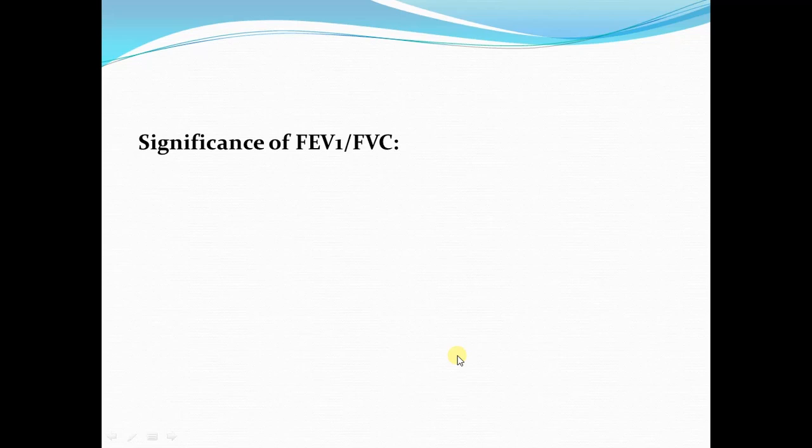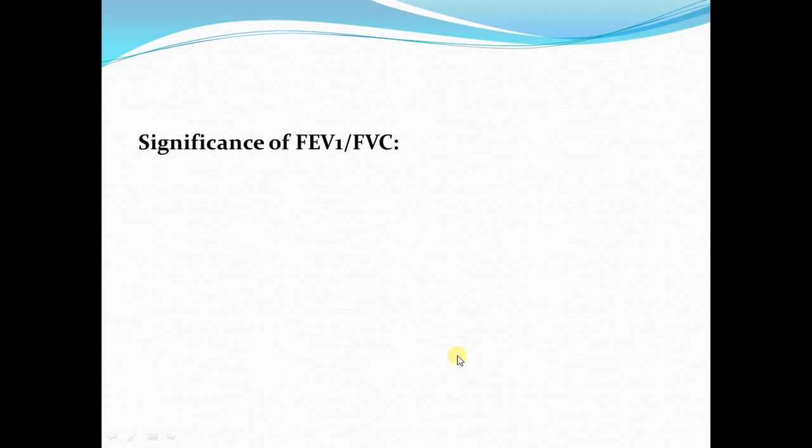Due to difficulty in expiration, a person cannot exhale out normally. So there is a decrease in the amount of air which is expelled during the first second, that is FEV1. FEV1 is decreased, but total FVC is almost normal.